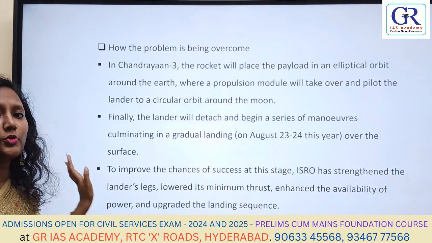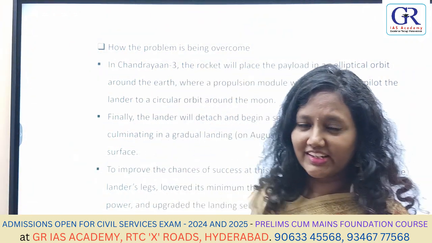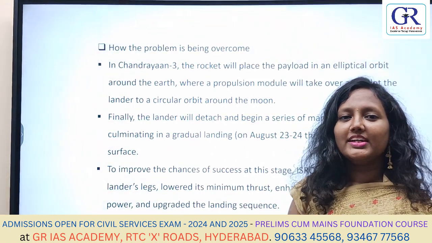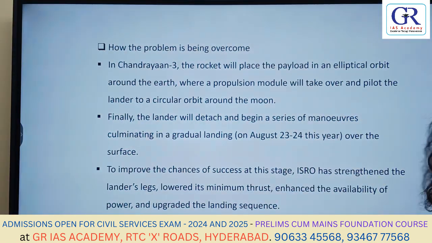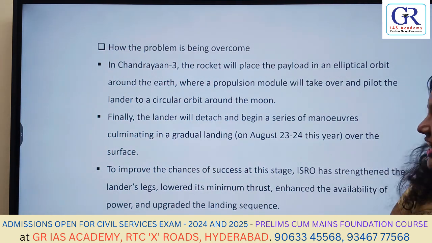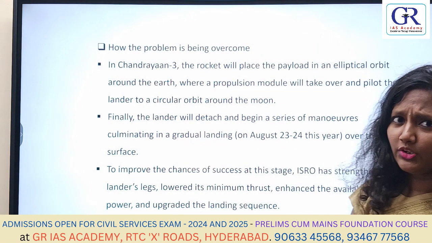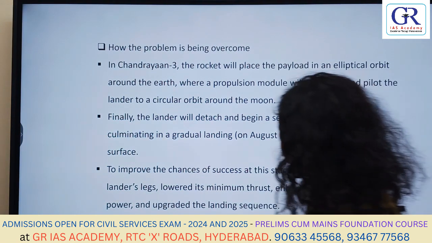Now let's see how the problem is being overcome, whether the problem is really overcome and whether Chandrayaan 3 can really be a success. In Chandrayaan 2 the lander could not succeed because it crashed. But in Chandrayaan 3, the rocket will place the payload in an elliptical orbit around the earth, and after that the propulsion module will put the lander in a circular orbit around the moon.